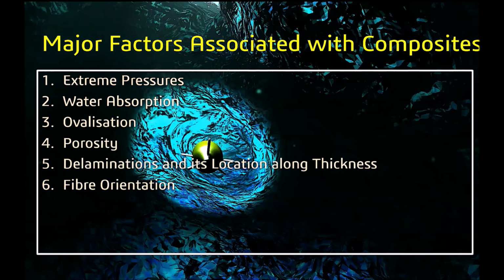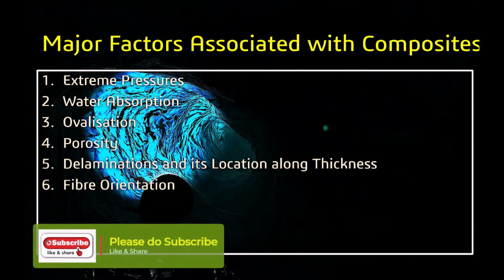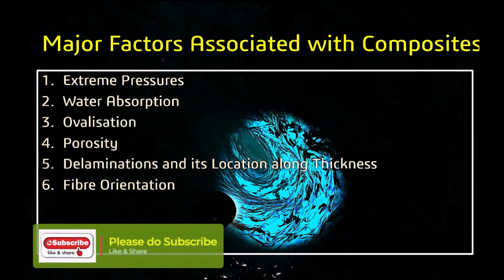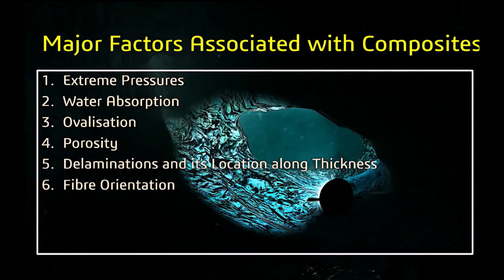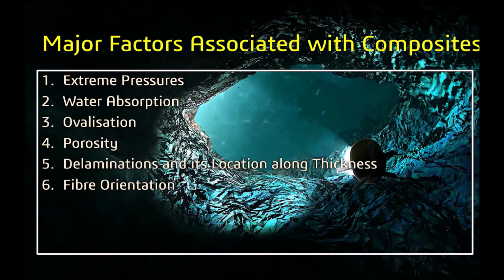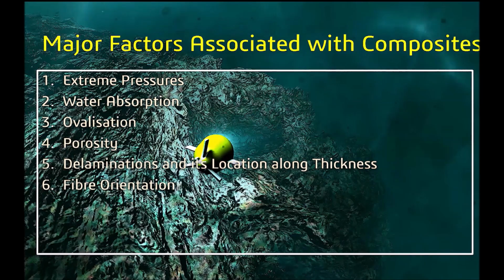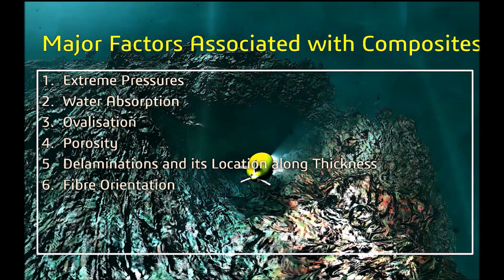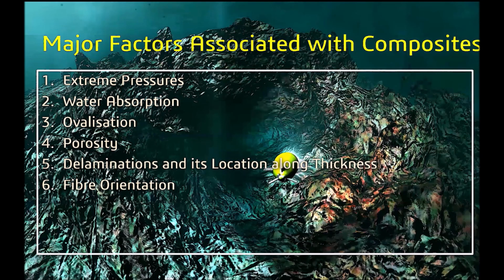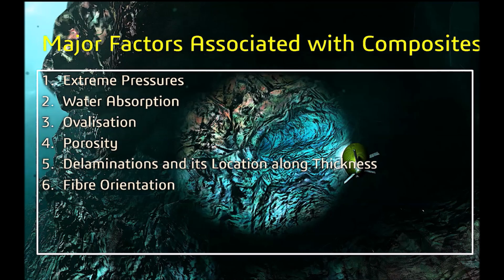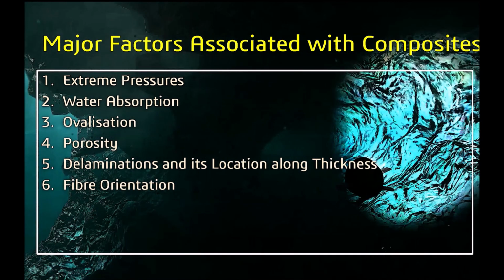In the next video, I will show you some stuff about ovalization. While if you are really interested in how to model the degradation, for example due to water absorption, I have already given you some hints that you have to change the material properties manually to account for that. So I hope you learned something from this video, where I showed you how to model a simple linear buckling analysis to estimate the collapse or implosion pressure of a composite shell.